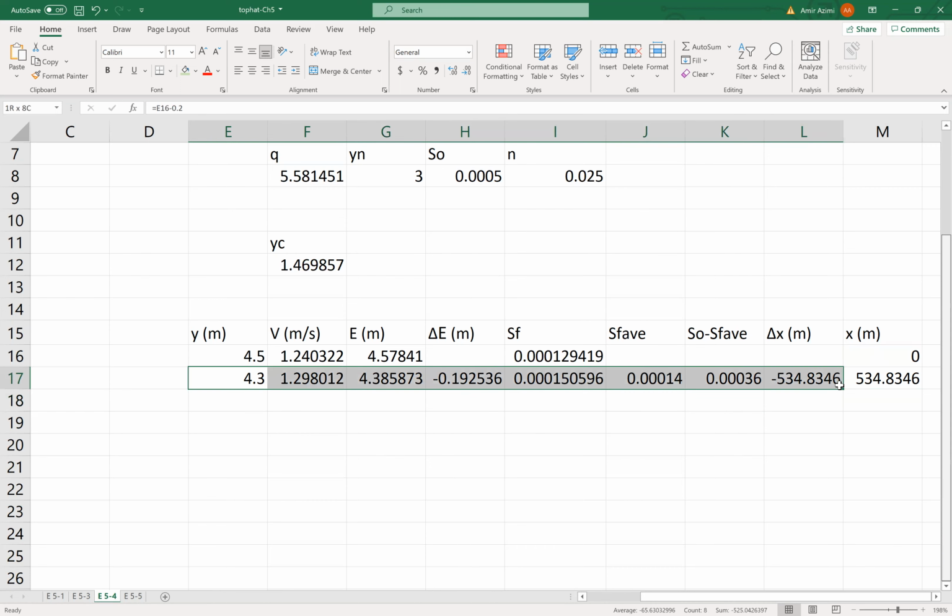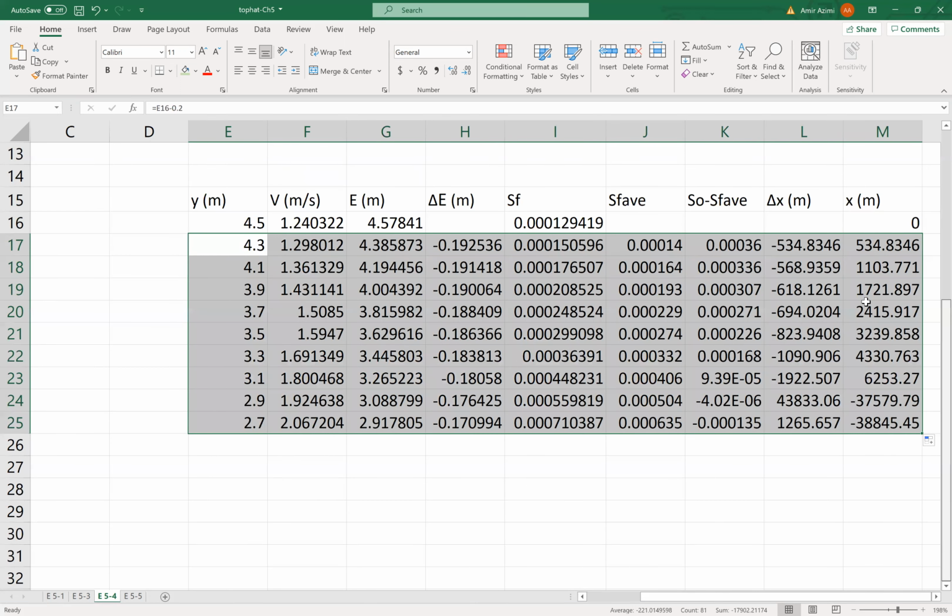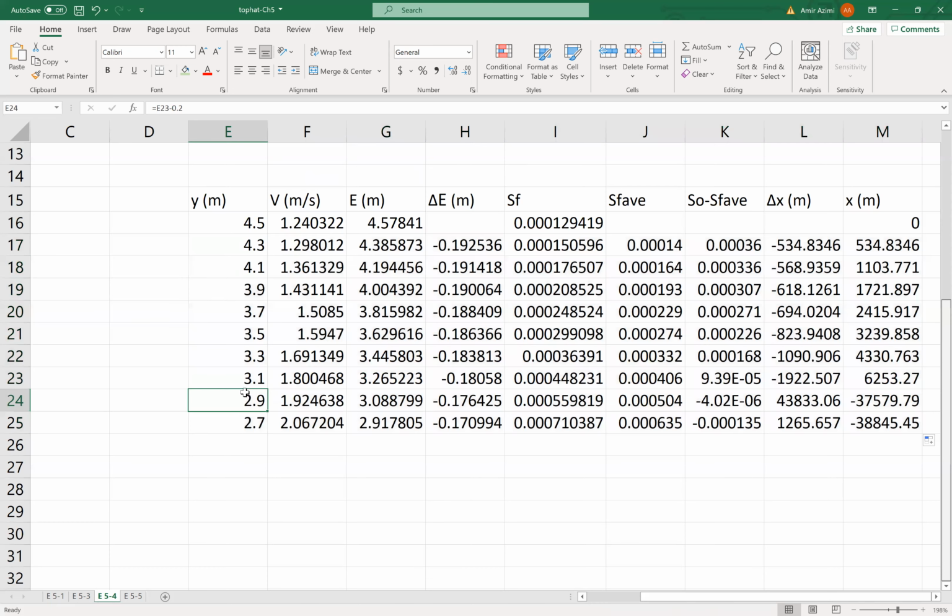Now we set this equation in the table, and then we can just drag it down. And that gives us the distance, so how far it is. And now you see here that when we go towards the depth of 3 meters, then you're going to have negative values.